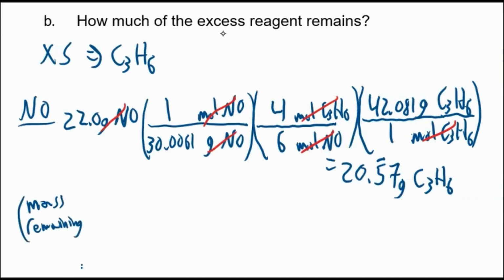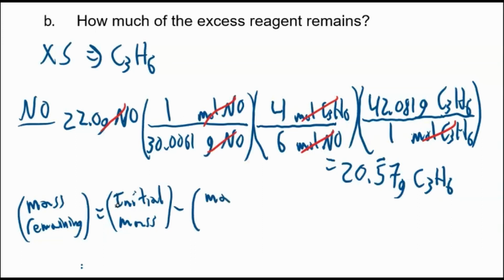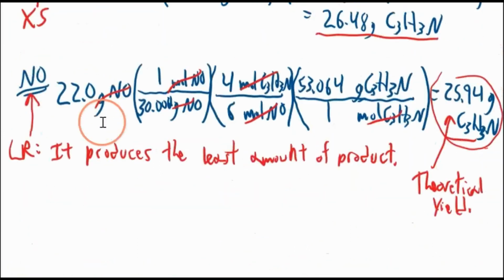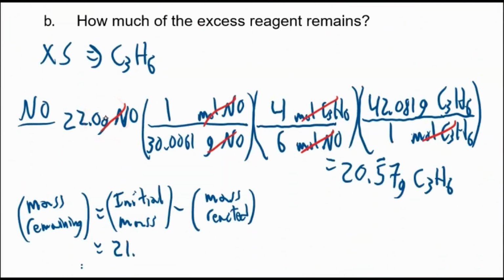And most of us can come up with this equation in our head. How much do you have left over? Well, you have the initial mass, how much you started with, and you have to subtract the mass reacted, how much was used up. Well, we started off with 21.0 grams, and we reacted 20.57 grams of that.